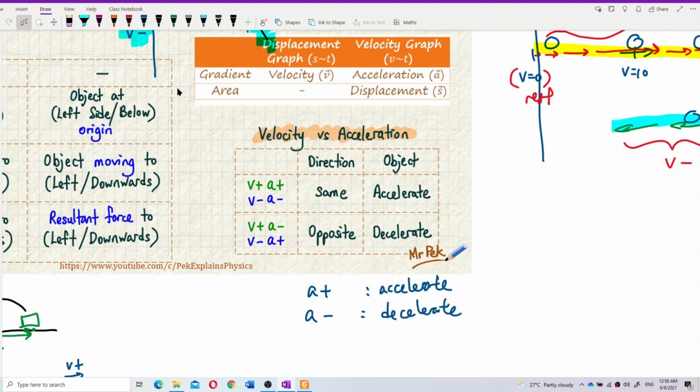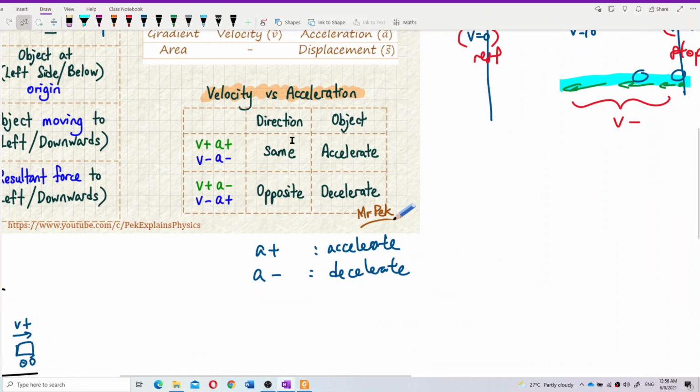Is this correct? In some cases, yes. In some cases, not. So this is wrong. This is only true if the velocity is positive.